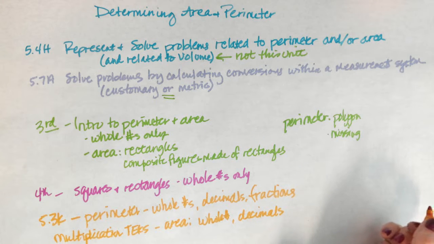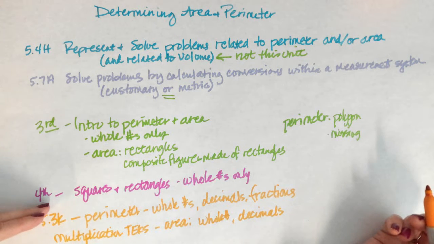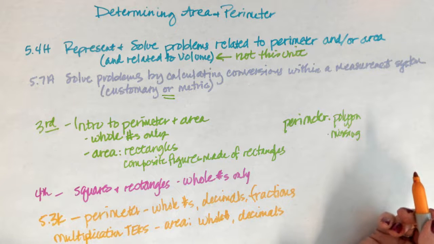So let's start with that. If we think about the way that this progressed from 3rd to 4th to 5th, we can see that that's a lot of skills that a student could be expected to do with our perimeter and area unit.